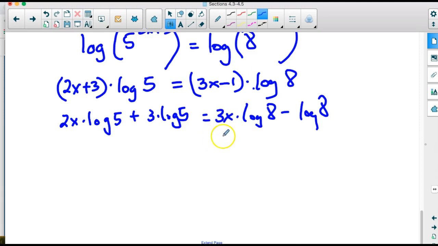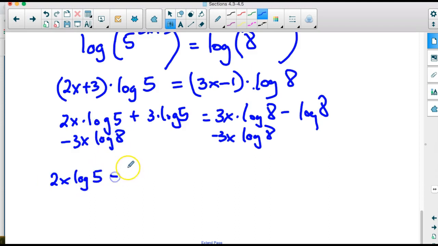So I'm going to subtract this 8 over here. So I'm going to get the 2 subtracted. 2x log 5 minus 3x log 8 plus 3 log 5 equals negative log 8.